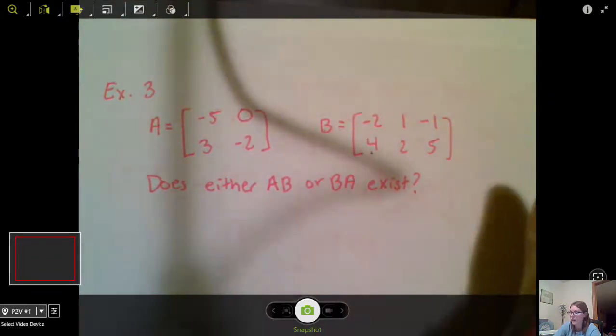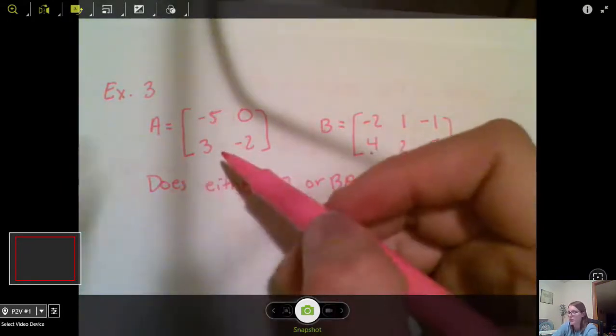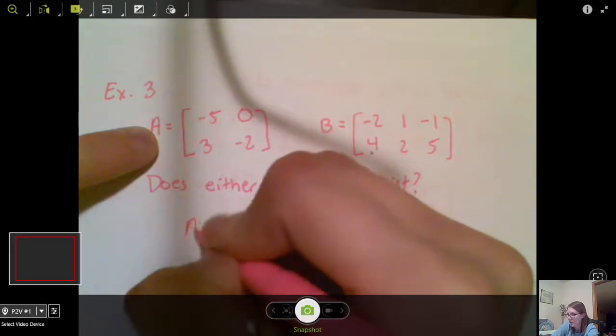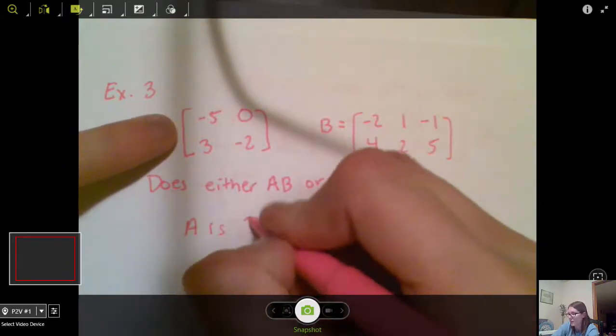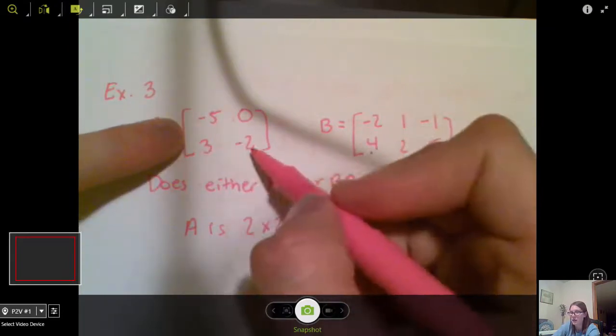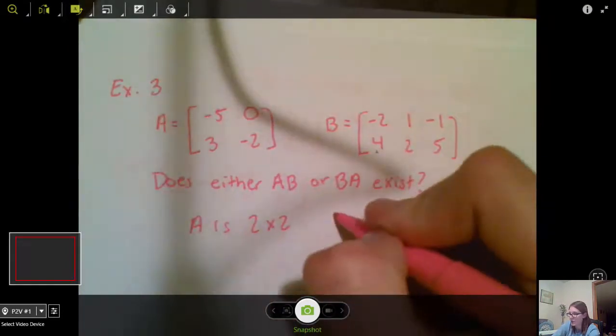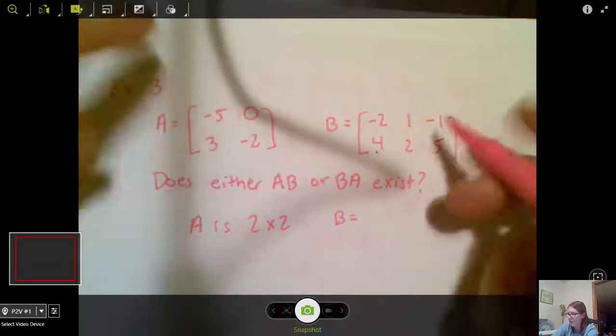To lead us into that, let's start off by thinking about what our dimensions are for each matrix. Matrix A is a 2 by 2 matrix. We have 2 rows, we have 2 columns. Matrix B is a 2 by 3 matrix.